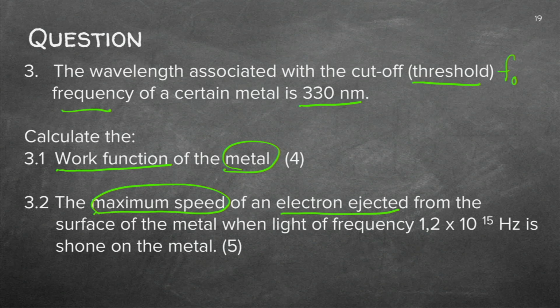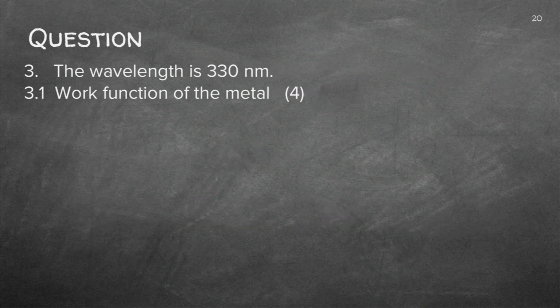And they give me the surface with the metal and the frequency of the light shining on that metal. So let's go ahead and calculate the work function. I'm saying to you, I want the work function, and it's like energy, and I know I can calculate it with either that equation or this equation.